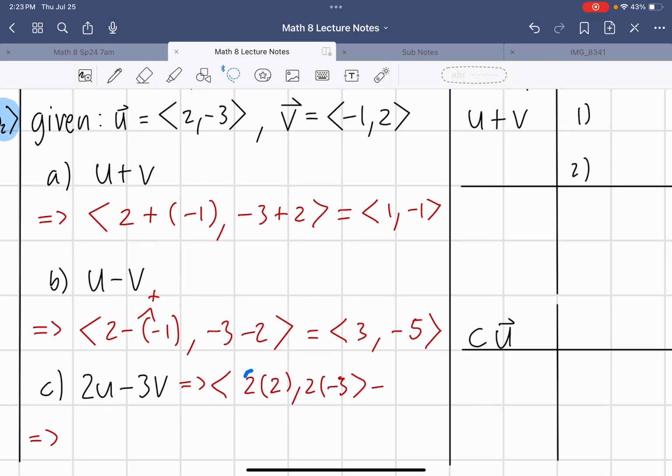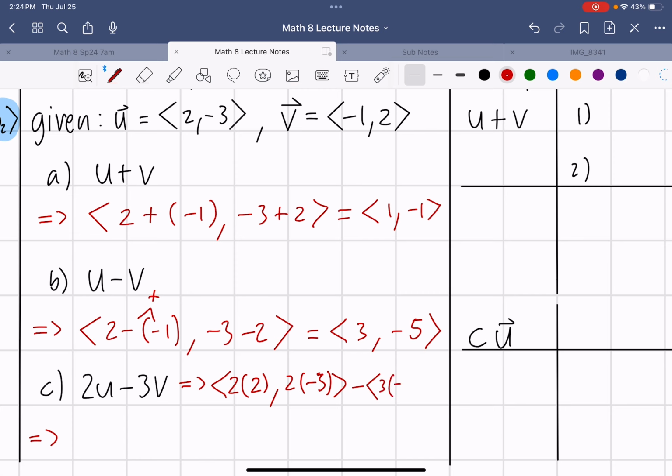So let me move this a little bit to make room for that distribution. Or you can leave the negative out and just distribute the 3.